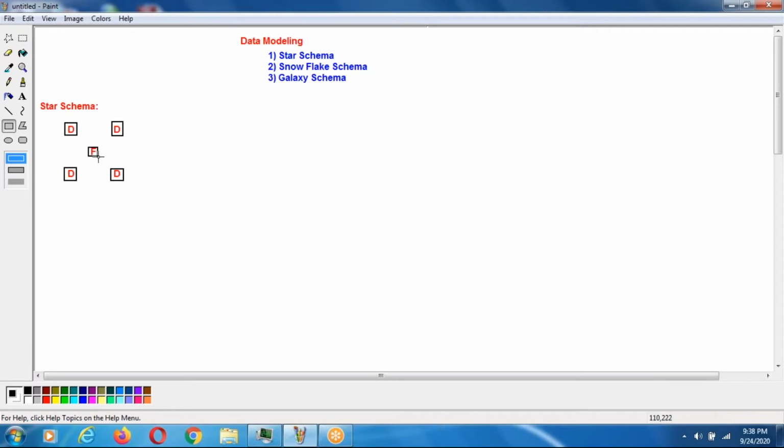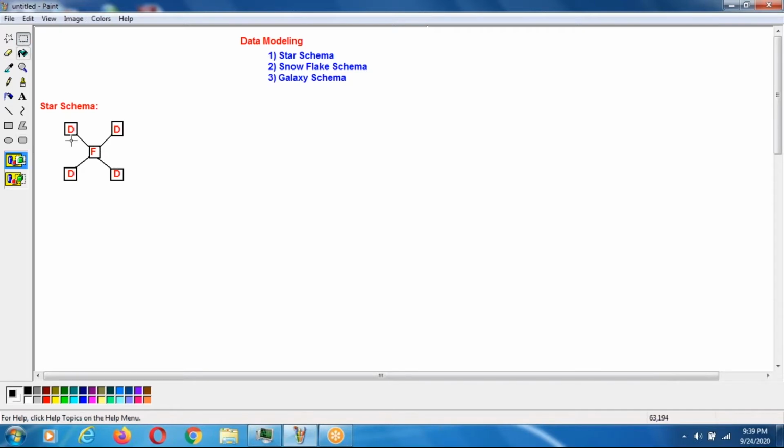But if you observe in the previous class also, I gave the same structure and told that it is a dimension model. So that means star schema is nothing but dimensional model.